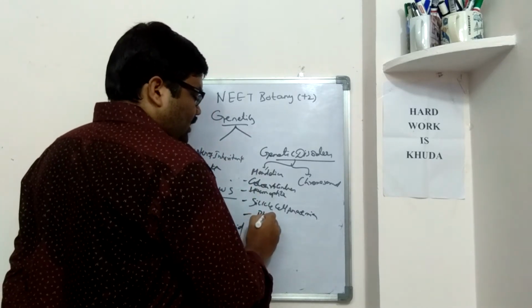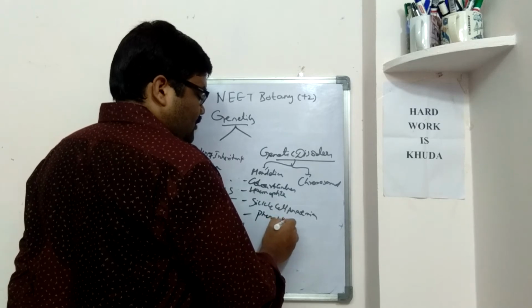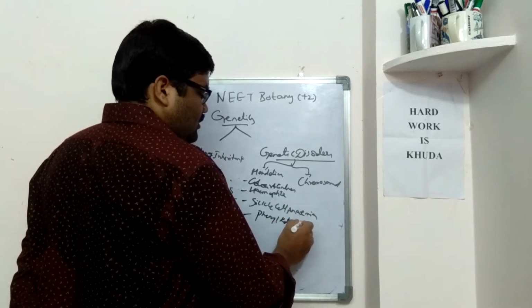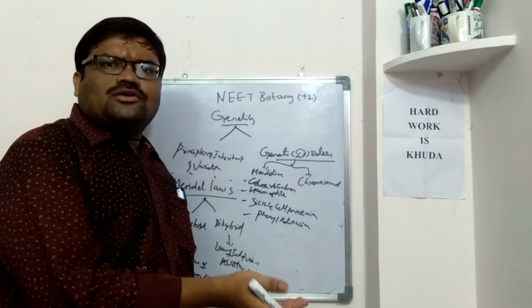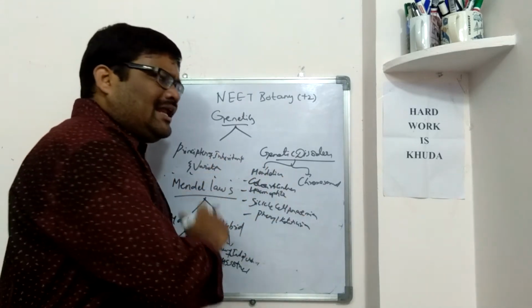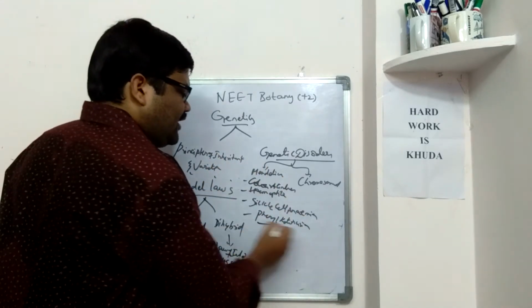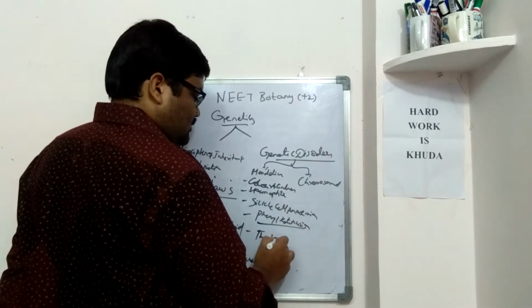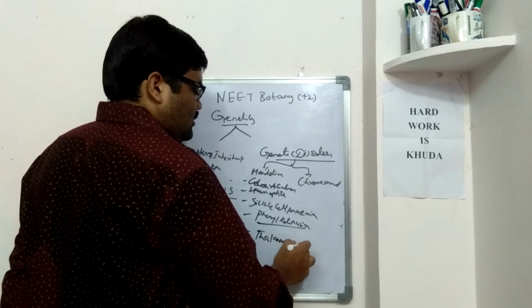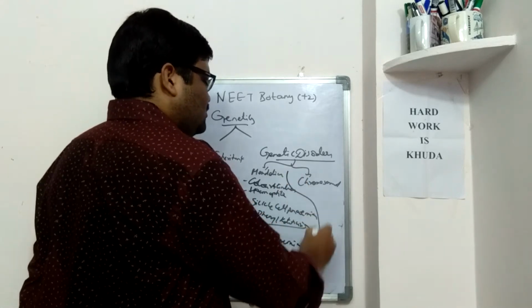Then phenylketonuria. It results because of absence of an enzyme that converts phenylalanine to tyrosine. Then thalassemia. All these are examples of Mendelian disorders.